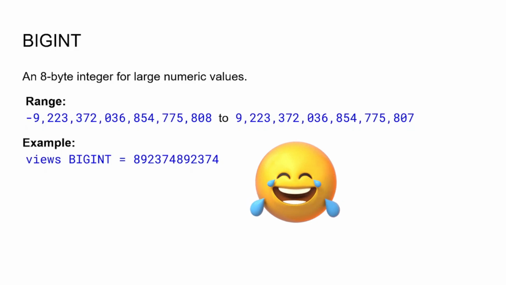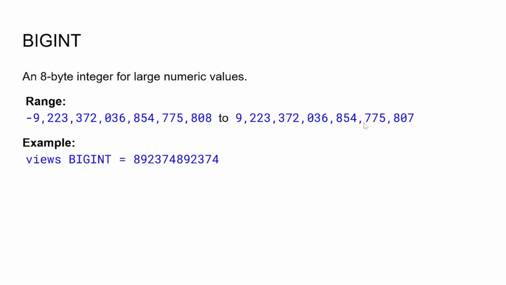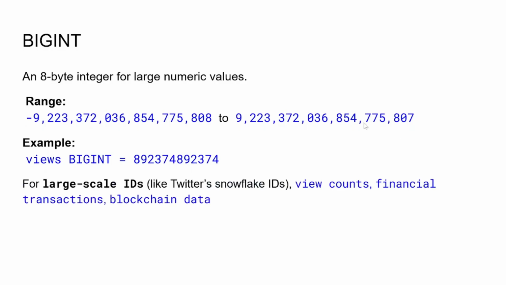Maybe with time, if our video also gets to 1 trillion, then we can use the BIGINT. Alright, let's continue. For the BIGINT, the examples we have are view count, financial transactions, blockchain data, and also large scale user IDs like Twitter's Snowflake IDs. So these are the use cases for the BIGINT data type.